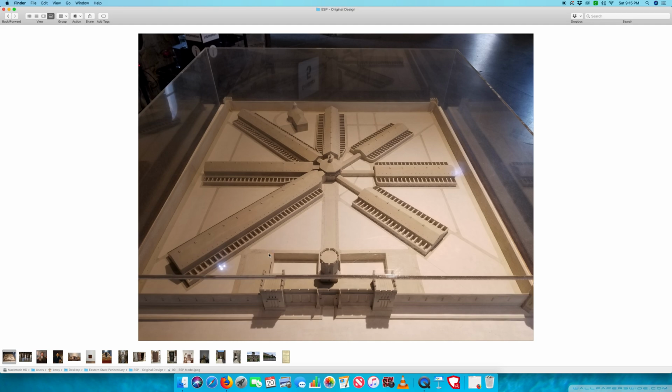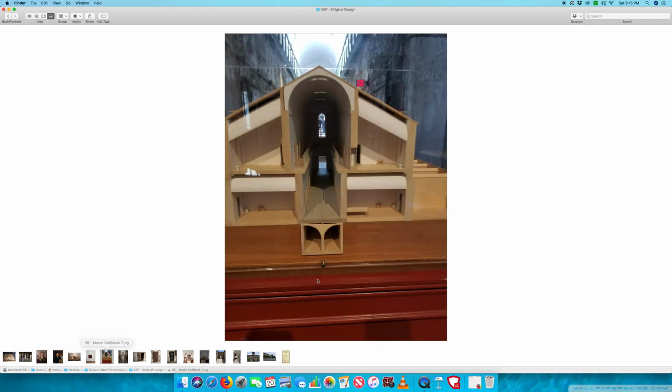So we can see that in this model of cell block 7. You can see here's a cell, the cell, an upper level cell, and you can see as we look at the gallery, one, you can make note that the gallery itself on the top is inset a little bit.